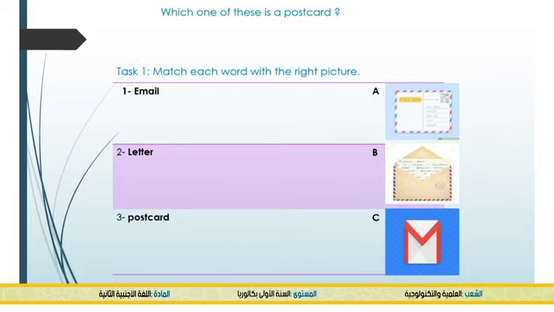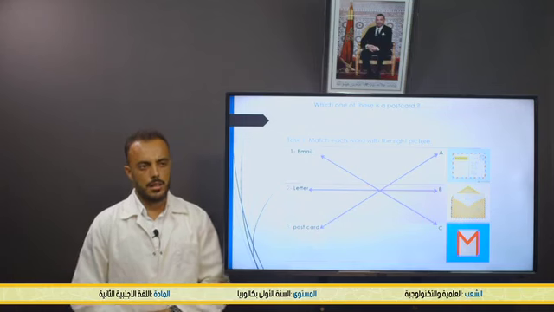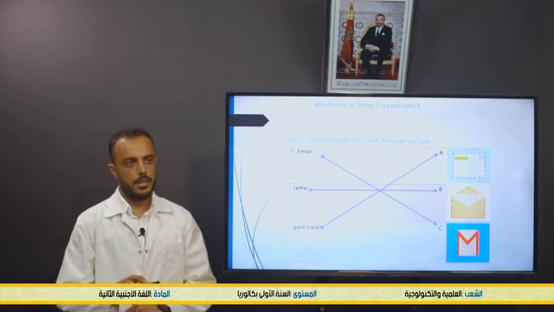The difference is that the letter is not electronic. And our writing topic today is about the postcard. The postcard is a little bit different. You can see some differences in the picture. We are going to see these differences in the coming slides. Very good. Let's move to the next slide.